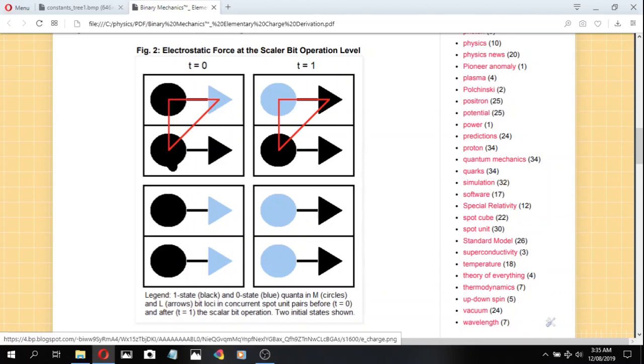Now, the distance of this M bit to this M bit of the same charge is L, the vertical line in the red triangle. The distance moved by the bit in the scalar bit operation at t equals 1 compared to t equals 0 is also L. The diagonal of the red triangle would be the square root of 2.